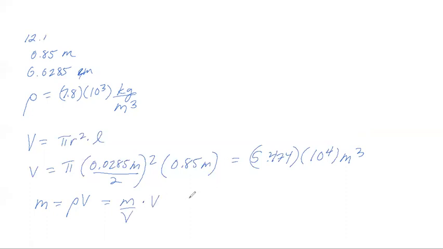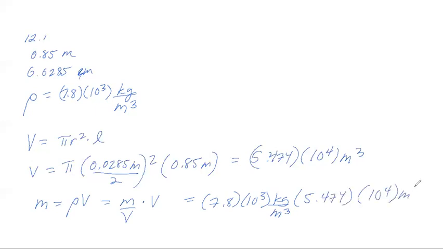So we have 7.8 times 10 to the third kg per meter cubed times 5.474 times 10 to the negative fourth meter cubed, and we get 4.27 kg for the mass.